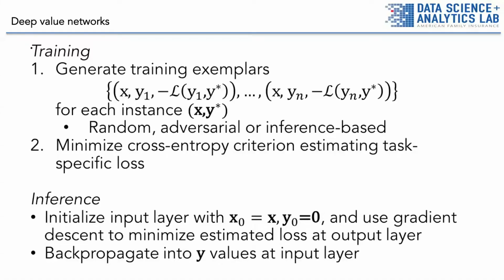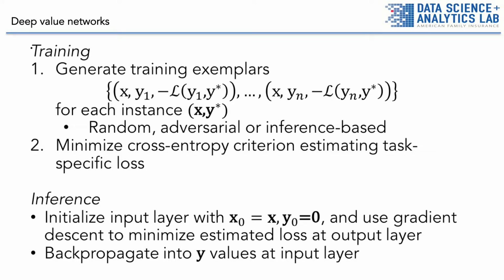So if we're going to do this, you need a couple things. The first thing is you need training data. You need to have paired feature, prediction, loss function tripled, not paired, tripled. And there are a few ways to generate these. You can randomly generate these candidate labelings from your data set.